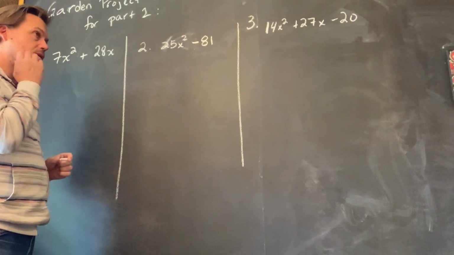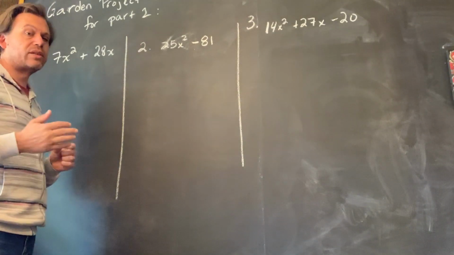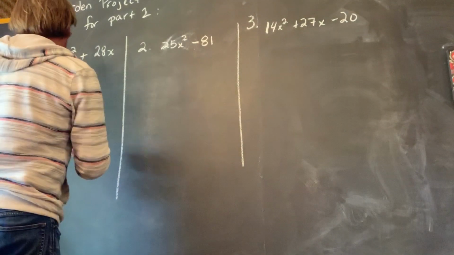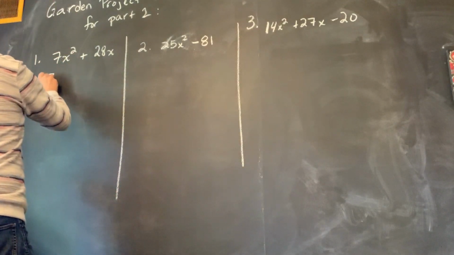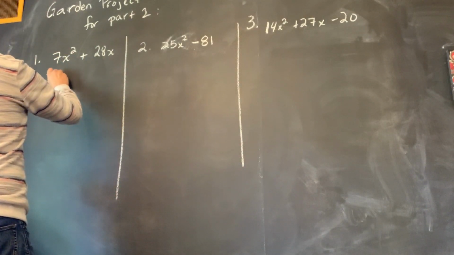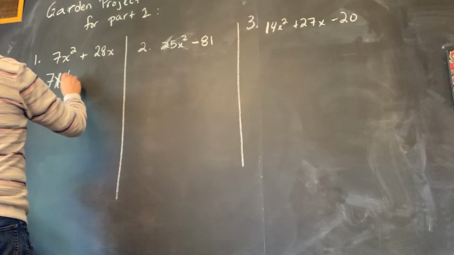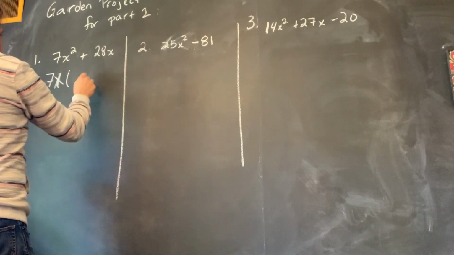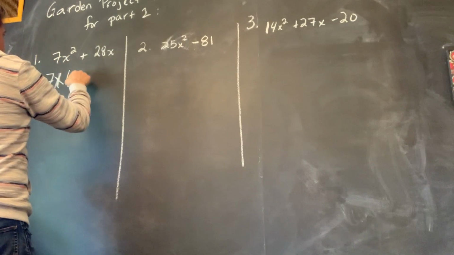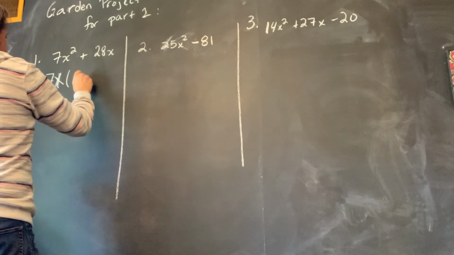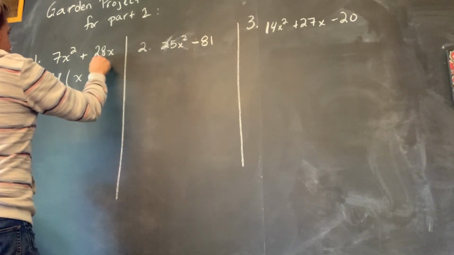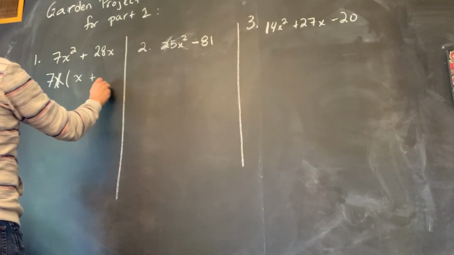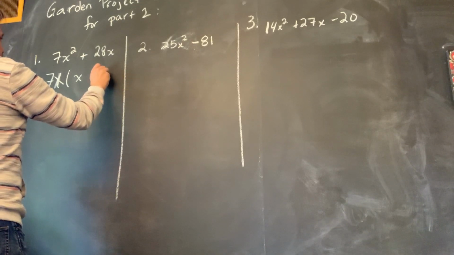So since both terms are divisible by 7x, I'm going to write 7x outside the parentheses. Inside the parentheses, I do 7x squared divided by 7x, just x. 28x divided by 7x, 28 divided by 7 is 4.